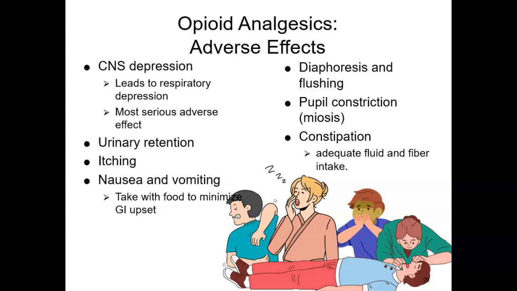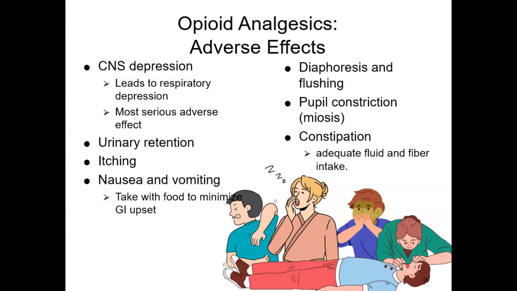Urinary retention, itching, nausea and vomiting, flushing, diaphoresis, miosis, which is the constricted pupils, and then constipation. So you can see my little infographic there. I have a person who's itching, a person who's tired, someone vomiting, and then somebody also about to do CPR. You need to contact the physician immediately if you have any changes in vital signs.